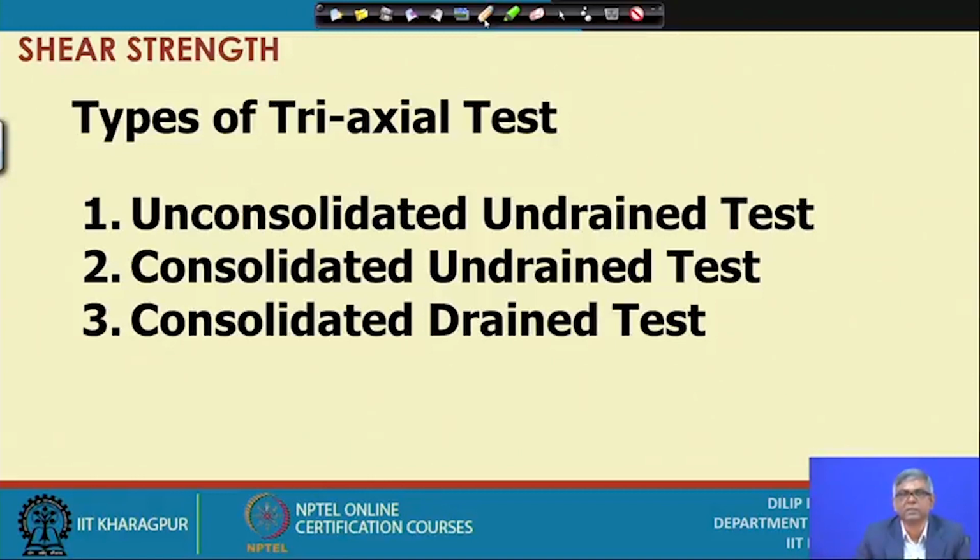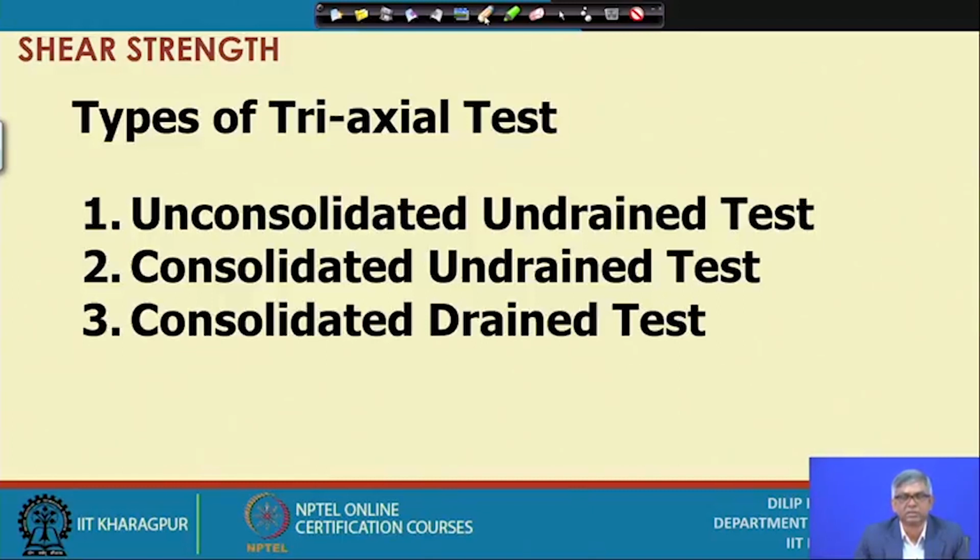Unconsolidated undrained test means, as I have already mentioned for the triaxial test, that we set up a sample, put on a cell, and force water to enter with some pressure, by which we apply a confining pressure, and then we apply axial load to shear it.